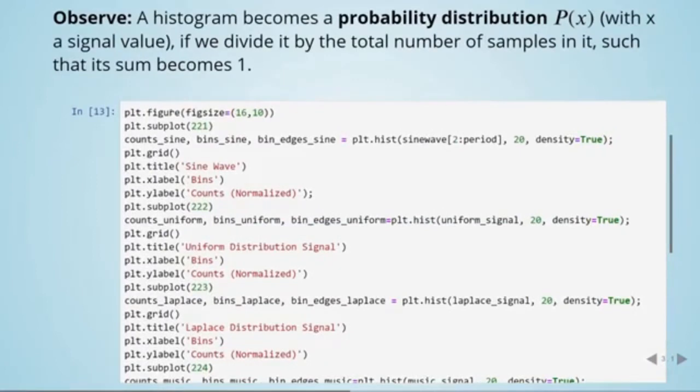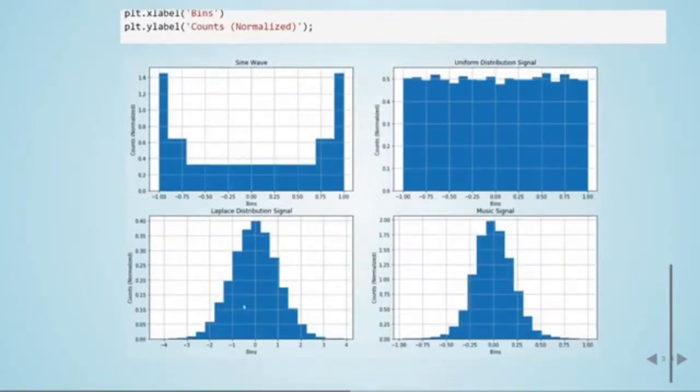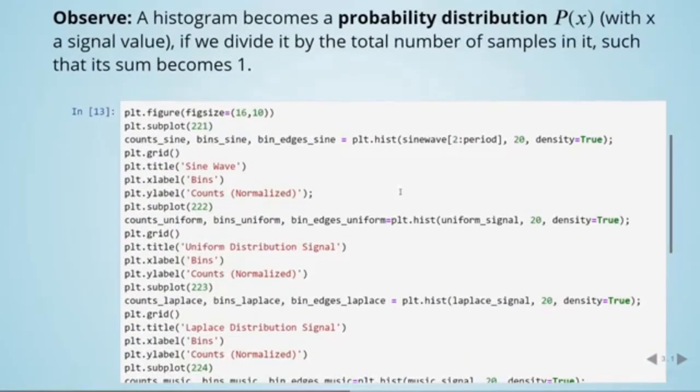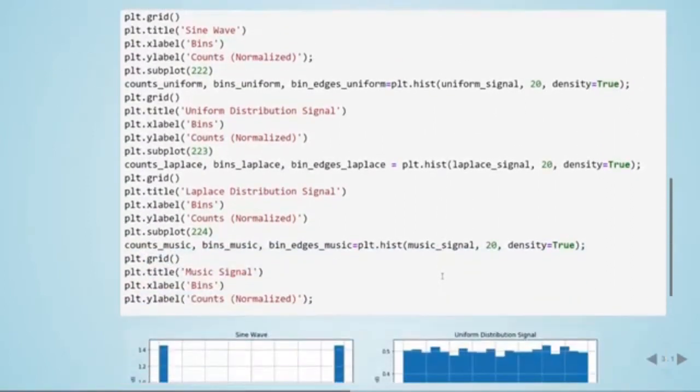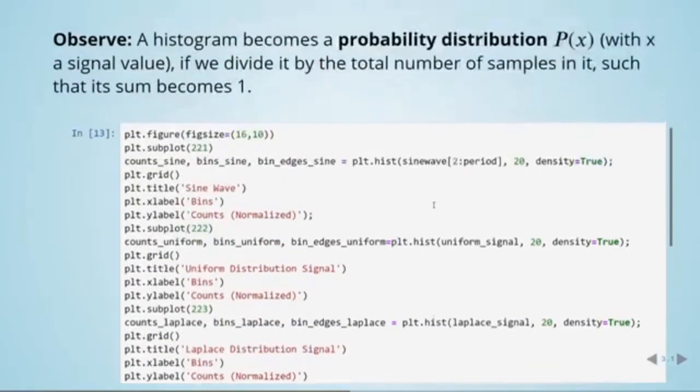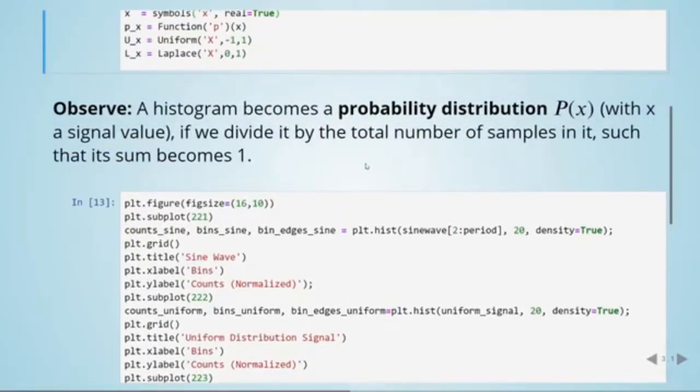So what we're doing here, we're plotting all these 4 histograms. We're using matplotlib to get the histogram, and we're using the sine wave, the noise from a uniform distribution, the noise from a Laplace distribution, and the musical signal. And we have here density equals true. That means that we are dividing by the total number of samples.